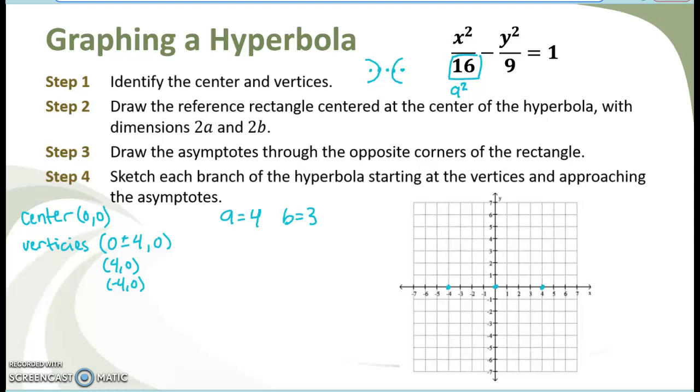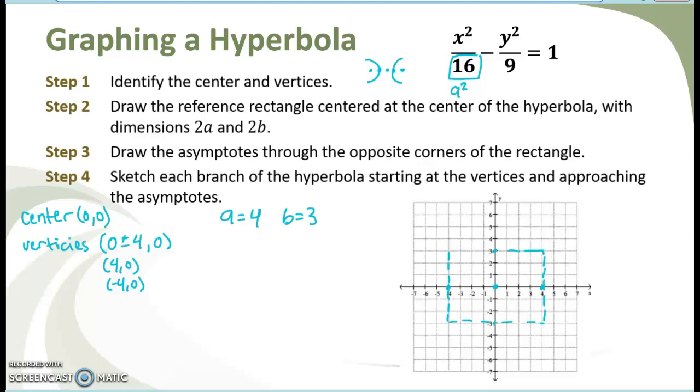I can go out 1a from the center to my vertex, and another a from my center to my other vertex. And then I'm going to go out b in the other direction, 1, 2, 3, 1, 2, 3, like so, and I'm going to draw this little box here. I'm going to talk about what that box is in a minute.